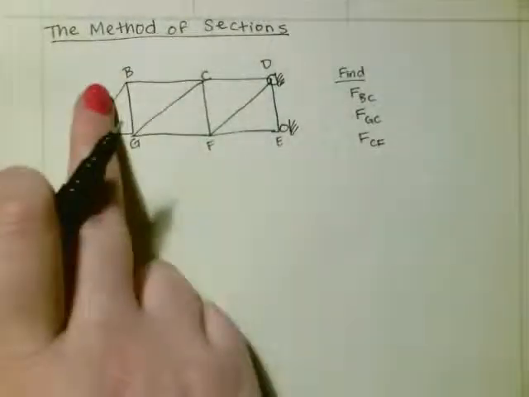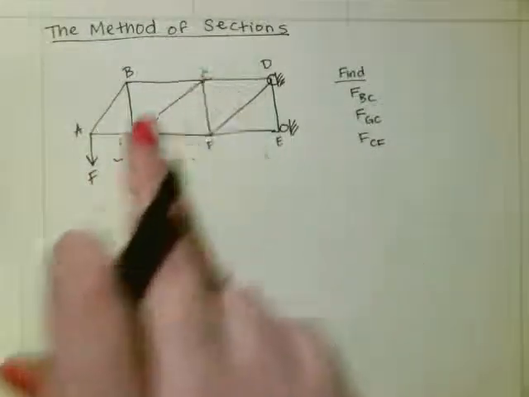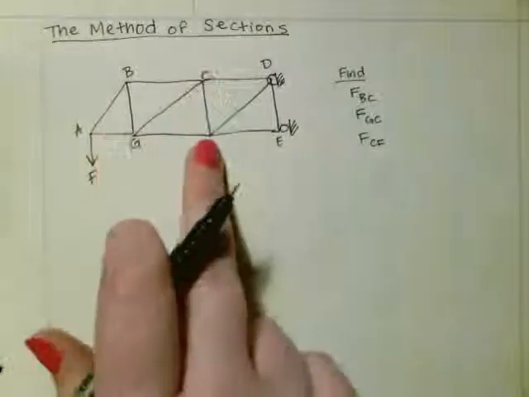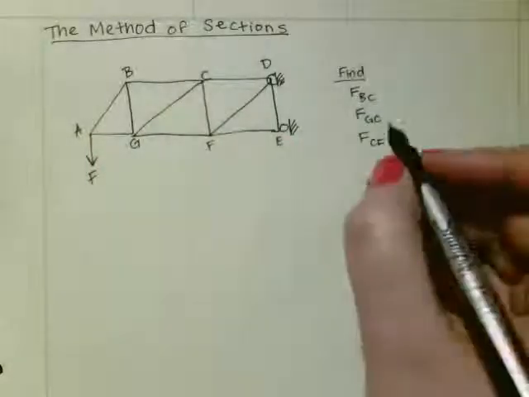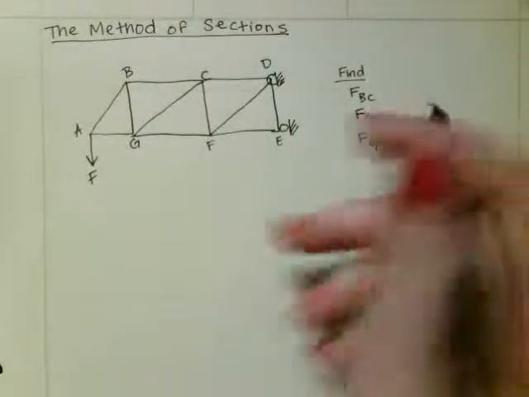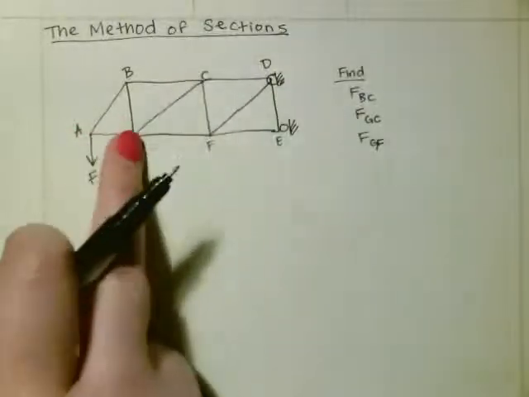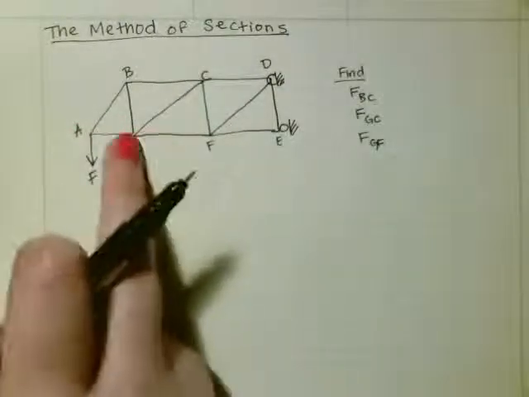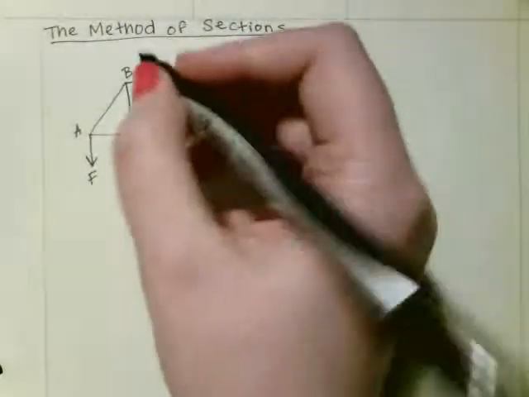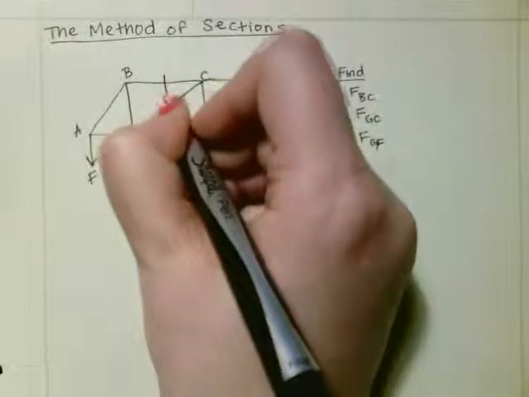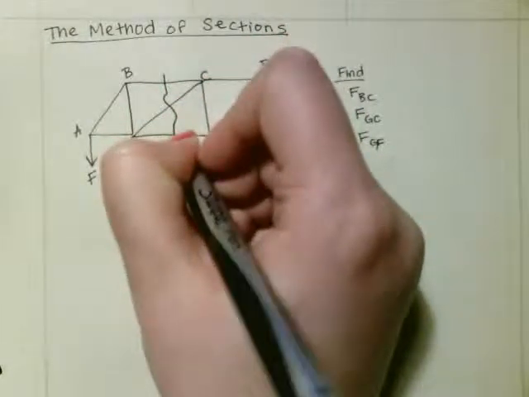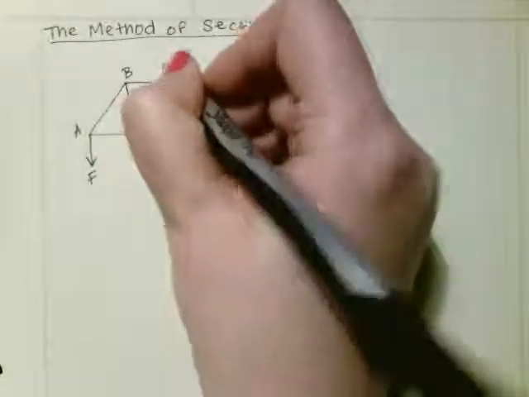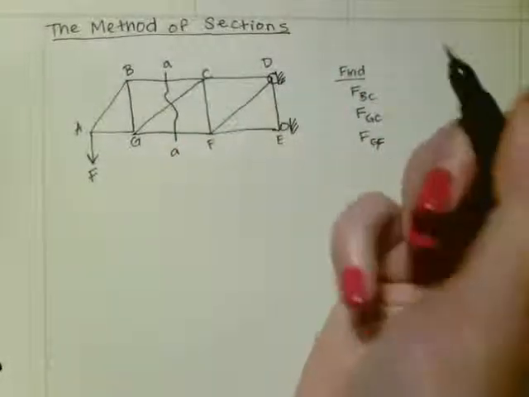So you can see we need FBC, FGC, and FGF. So we can put a section in here. We can cut it, call it section AA.